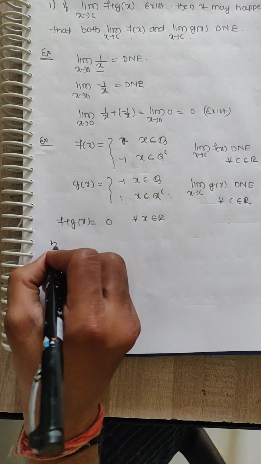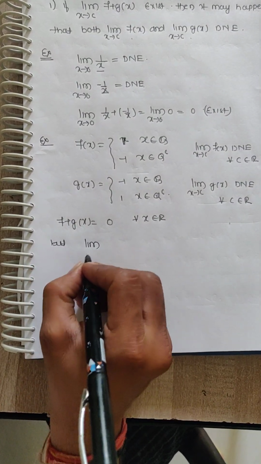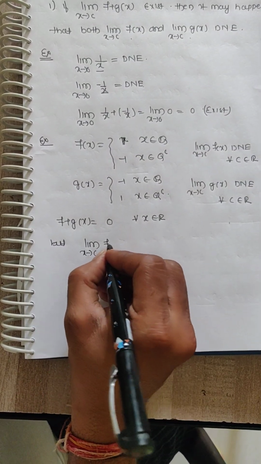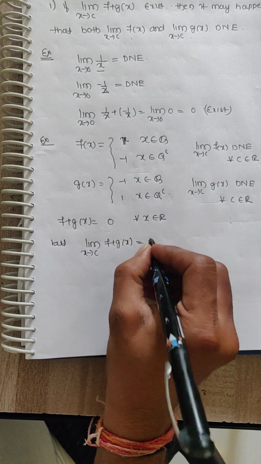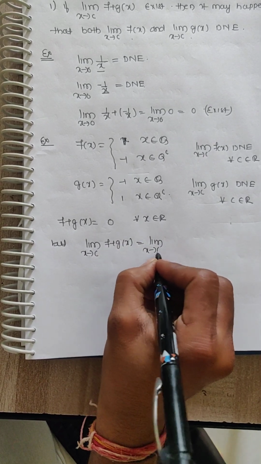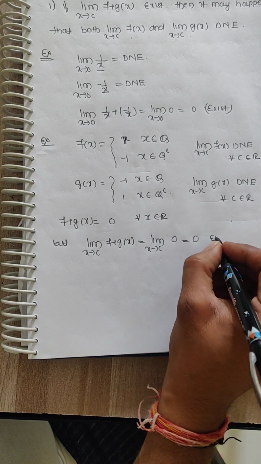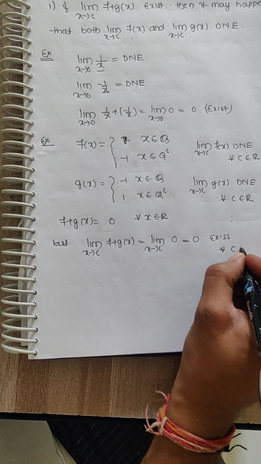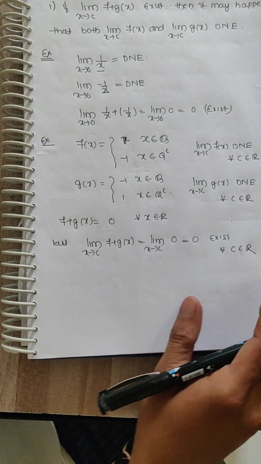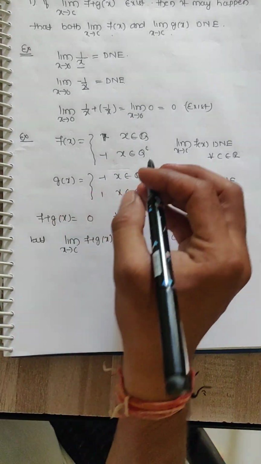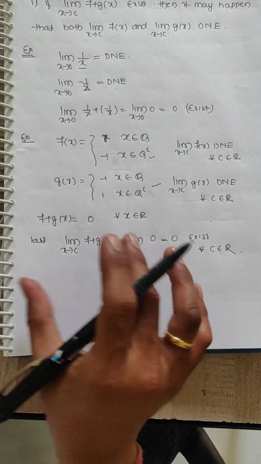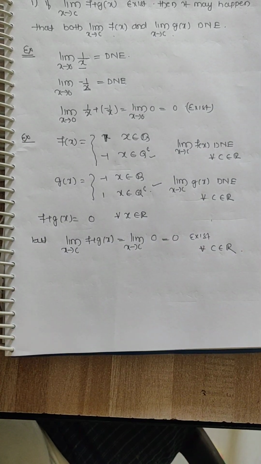But what happened to the sum of the functions? The limit as x tends to c of (f plus g)(x) is nothing but a constant, that is 0, which exists for all c belonging to R. So we have seen that the individual limits do not exist, but the limit of the sum exists everywhere.